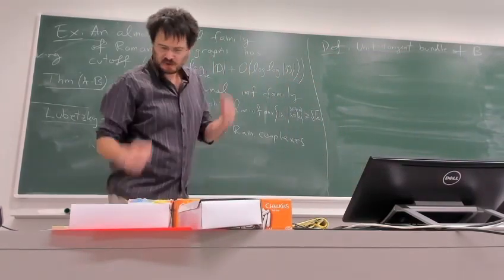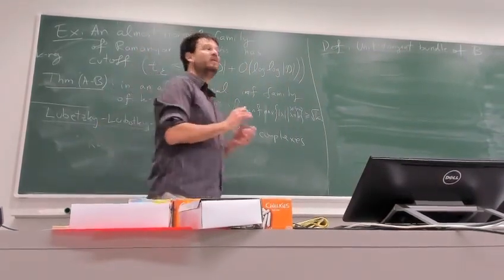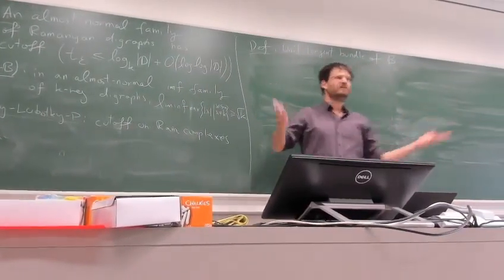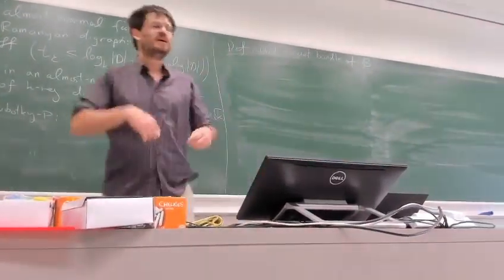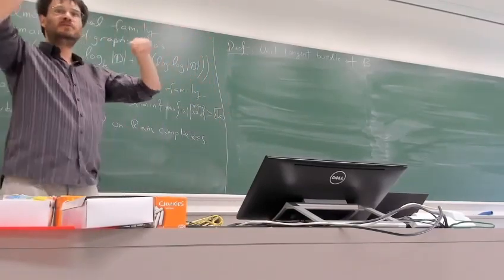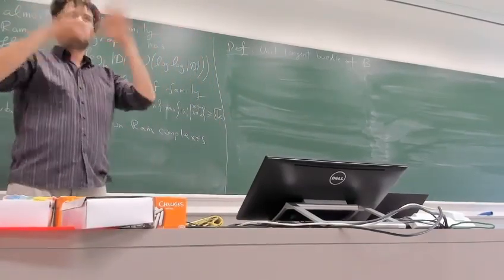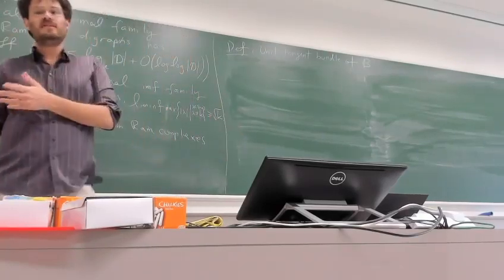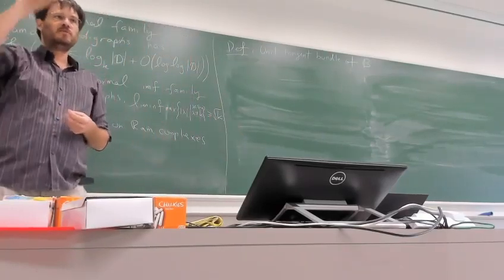I'll explain why we're thinking about it this way. When you have a Riemannian manifold or even Euclidean space, and you're thinking about random motion, you think about Brownian motion, a particle that goes everywhere it wants, and the analog in a graph is a walker that walks everywhere he wants.